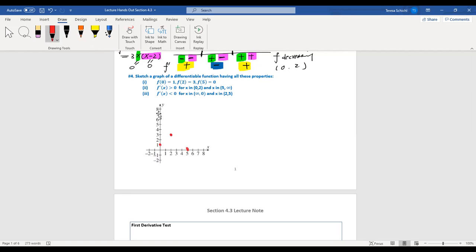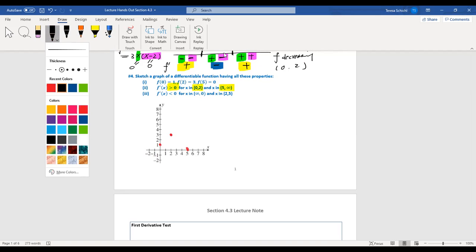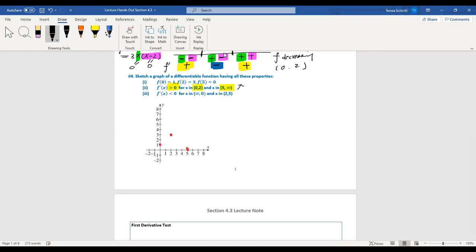Okay, so now let's take a look at f prime of x greater than 0 on (0, 2) and (5, infinity). What does that mean? Because it's greater than 0, my function is going to be increasing from 0 to 2 and from 5 to infinity here, okay?